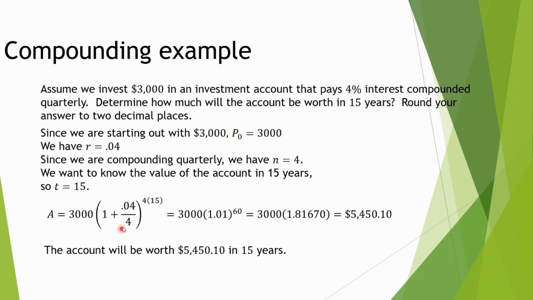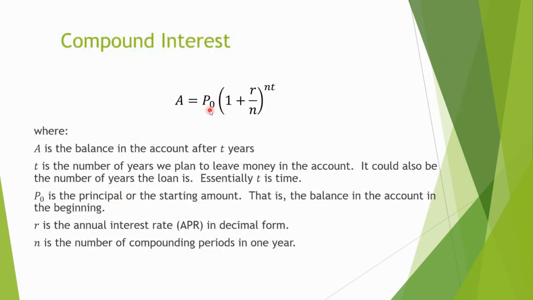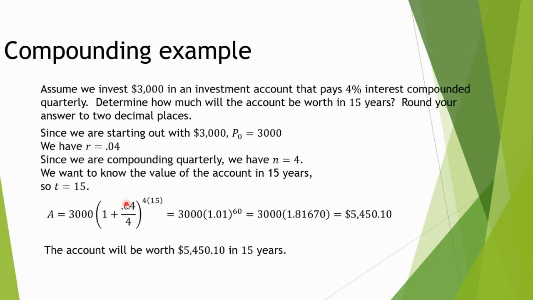Okay, well, here's our formula. So this is our P0, $3,000, right? P0, that's the number in front. 1 plus R over N, 1 plus 0.04 over 4, raised to the N times T, 4 times 15. So we have to figure out what this is.